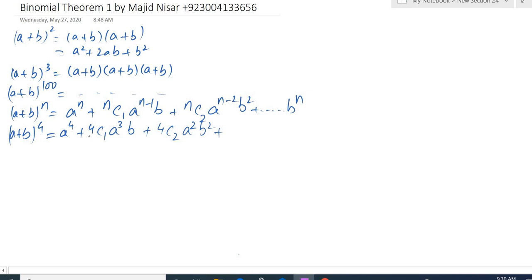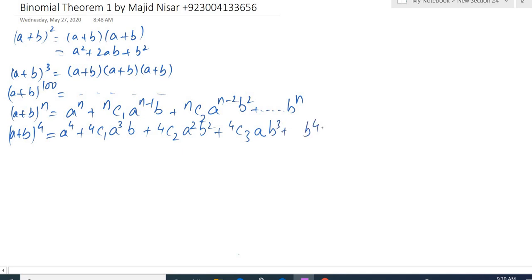and so on. We can see the sequence: 4C0, 4C1, 4C2, now next 4C3, and a raised to power 4, a raised to power 3, a raised to power 2, next will be a, and b raised to power 0, b raised to power 1, b squared, b cubed, and in the last it will be b raised to power 4.